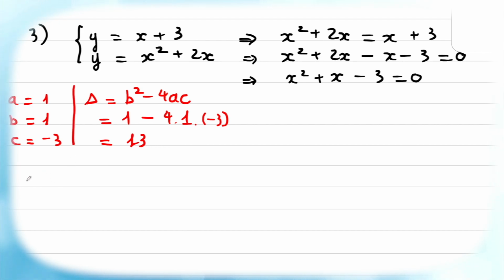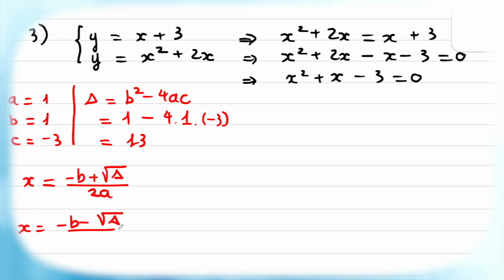About this discriminant, the first solution will be x equal to minus b plus the square root of the discriminant, divided by 2a, and the second one will be minus b minus the square root of the discriminant, divided by 2a. Minus b is minus 1, plus square root of 13, divided by 2 times 1.